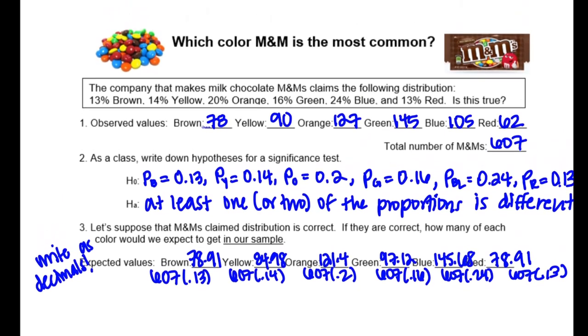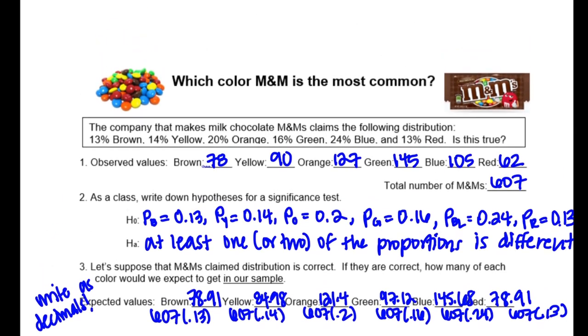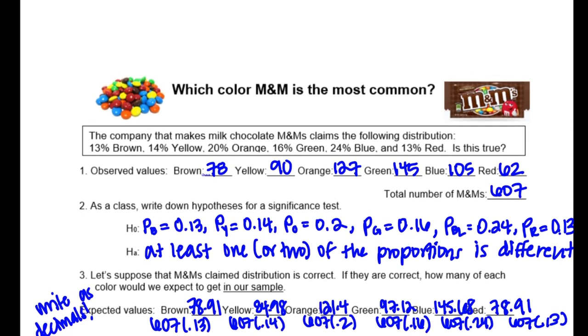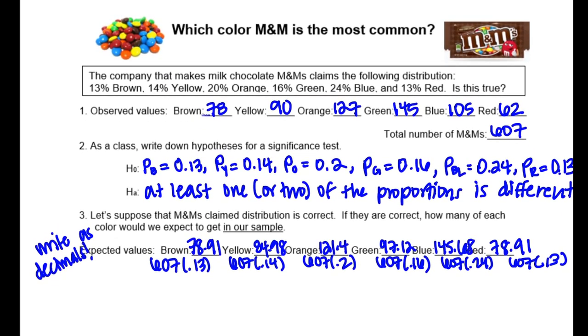So I'll stay on this page. And what we just did was called a chi-squared goodness of fit test. And so I'm going to write that right here. So it's called chi-squared goodness of fit test. And we do these when we have one hypothesized distribution, we have one sample.